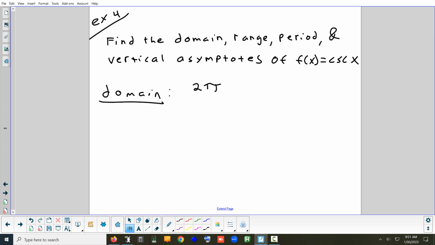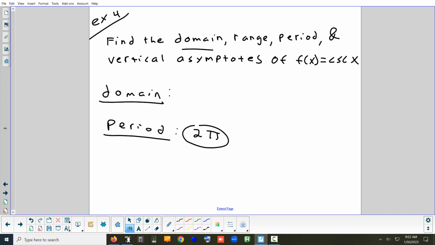And what's the b in this case? Sorry, I kind of misled you there. Period. What's the b in this case? Yeah. 1. I always do domain last. I think I wrote it first just because I saw it written first, but I do it last. Okay, so there's my period.